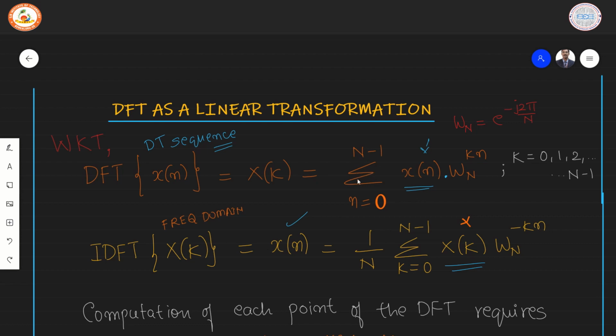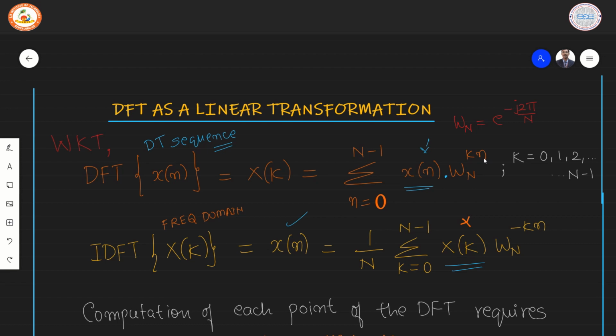The summation has the limits n from 0 to N minus 1. The input is x of n, which is the time domain sequence. This input x of n is multiplied by W N, which is called the twiddle factor, and the twiddle factor has a power which is equal to kn.